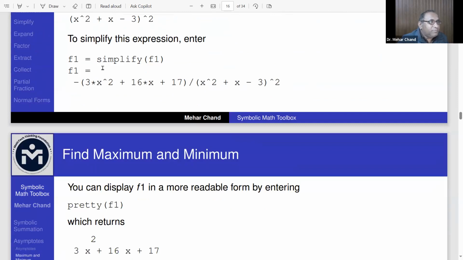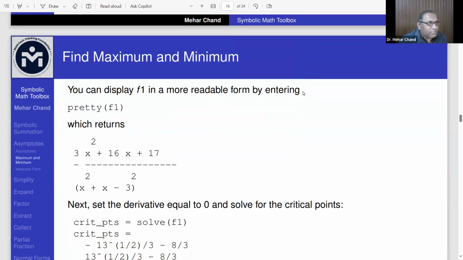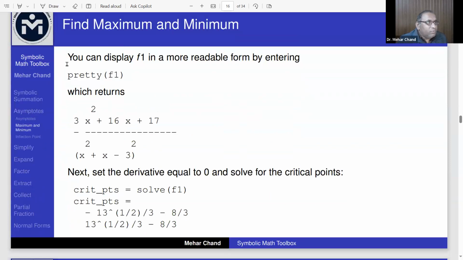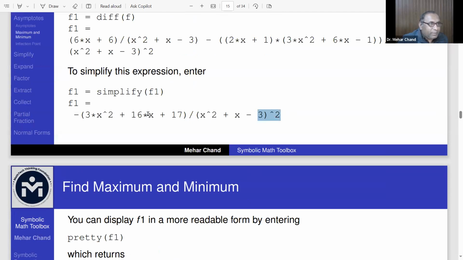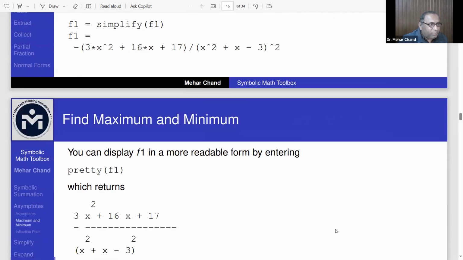When you use pretty for f1, the above expression will be reduced into this form.